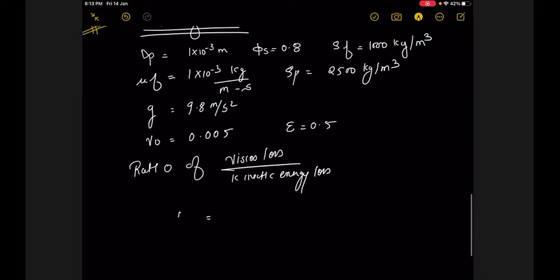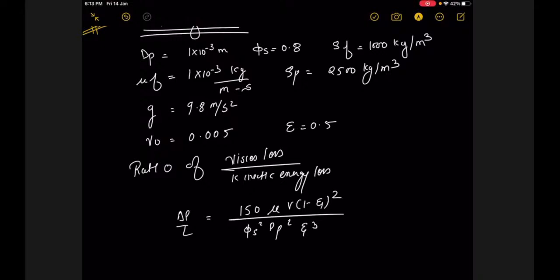So delta P by L equals 150 mu V (1 minus epsilon) square upon phi s square dP square epsilon cube plus 1.75 rho V square (1 minus epsilon) upon phi s dP epsilon cube.